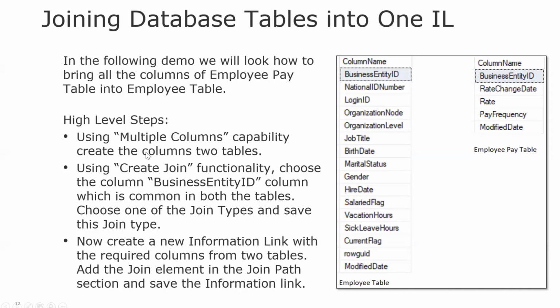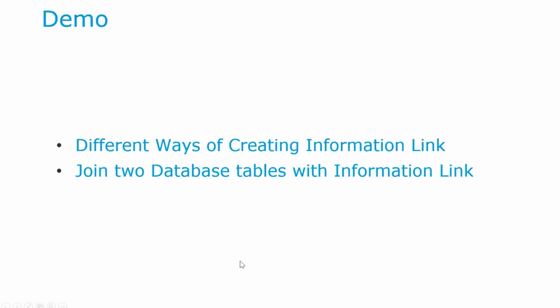I've listed some high-level steps: creating mapping columns, using a join functionality, and then creating an information link. So let's get started with the demo on the different ways of creating an information link, and how we can join two different data tables.